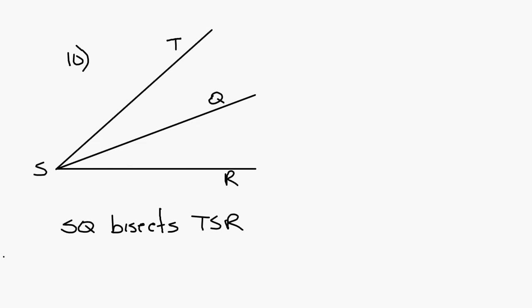What does bisect mean? Yes. Cuts it in half, doesn't it? So doesn't it mean that this angle is congruent to this angle? RSQ equals 4x minus 3.